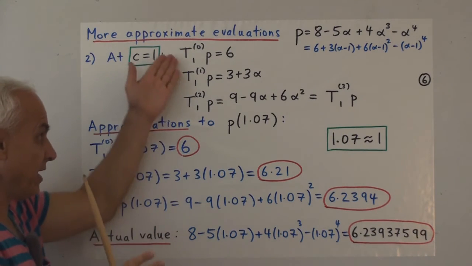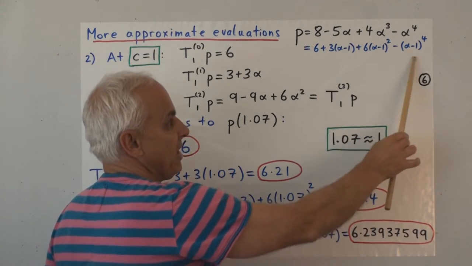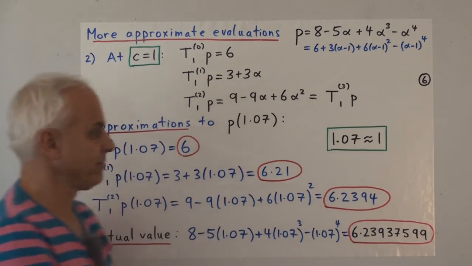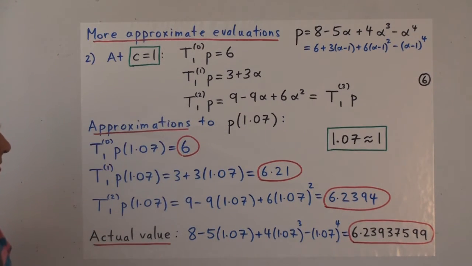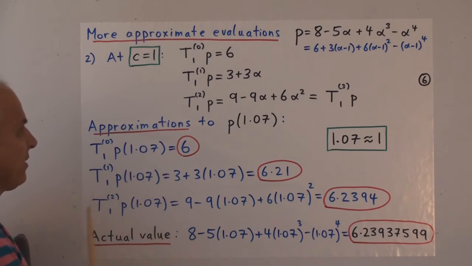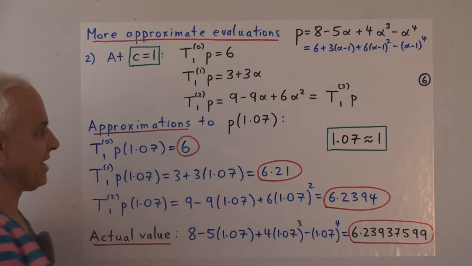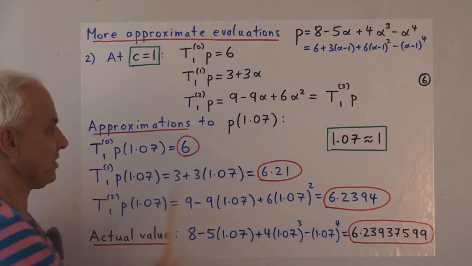So let's use these things as approximations to the true value of p, which is all of this. Let's plug in 1.07. First, into the 0th tangent. We plug that in, it doesn't matter what it is, we're going to get 6. That's an approximate value to p of 1.07.